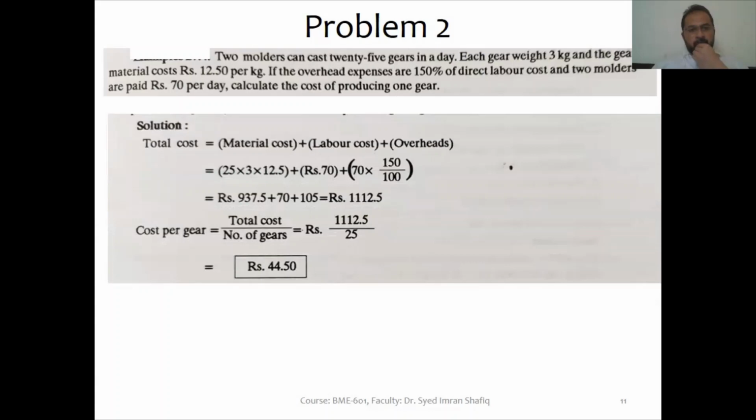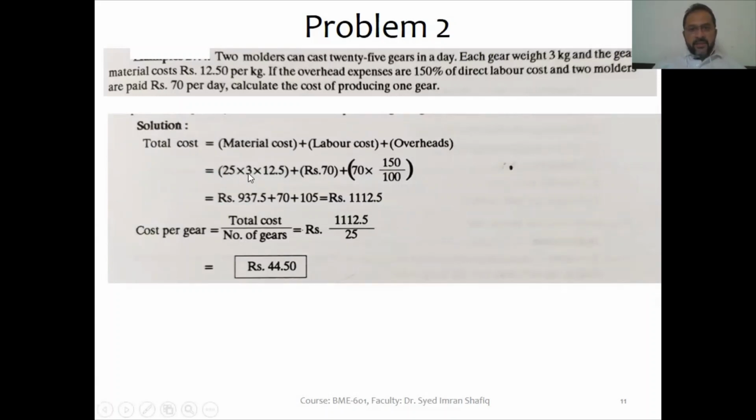So we have to calculate the total cost first. The total cost is material cost plus the labor cost plus the overheads, as we have already discussed. To calculate material cost, it is given that we have to produce 25 gears.